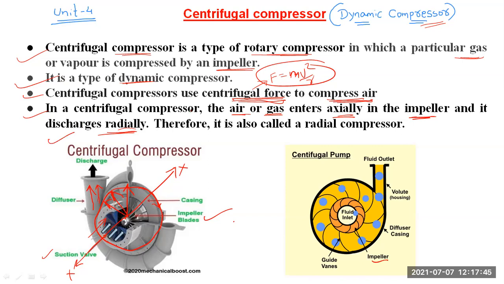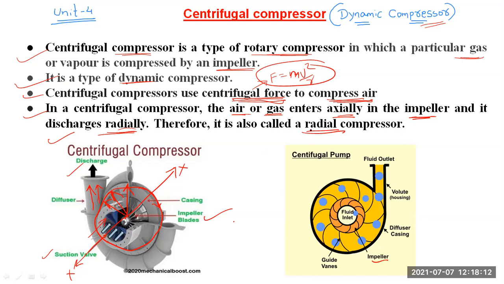In a centrifugal compressor, the air or gas enters axially to the impeller. Axially it will enter, and it discharges radially. Radially it will discharge, meaning it will come out from the compressor. Therefore it is also called a radial compressor, since discharge will take place radially, in the direction of the radius.